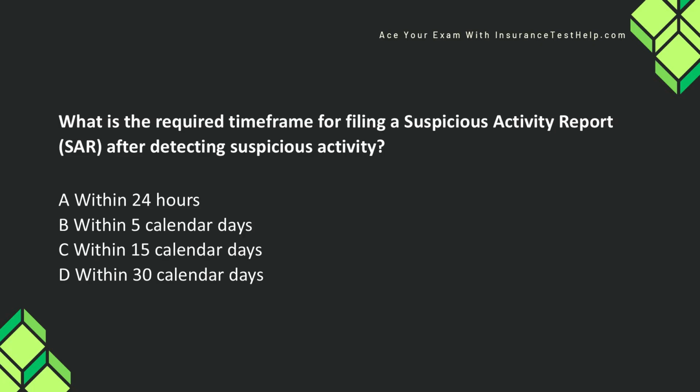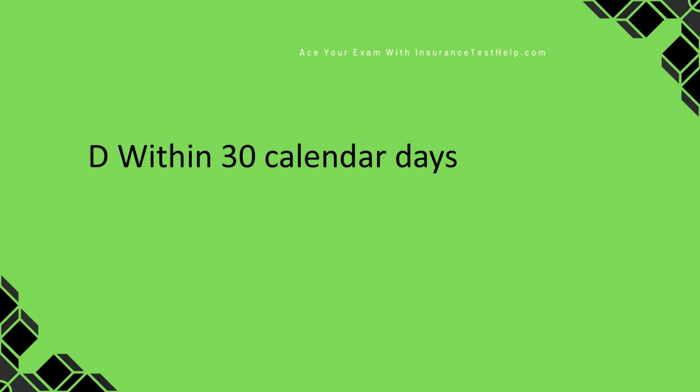What is the required time frame for filing a suspicious activity report, SAR, after detecting suspicious activity? A, within 24 hours, B, within 5 calendar days, C, within 15 calendar days, or D, within 30 calendar days? The correct answer here is going to be D, within 30 calendar days.